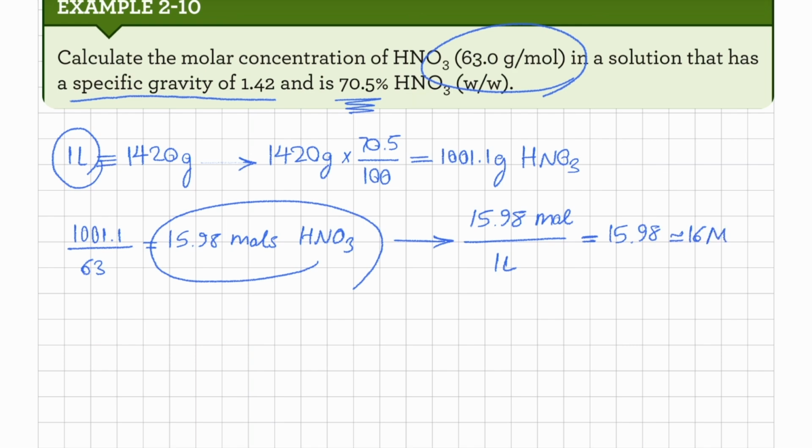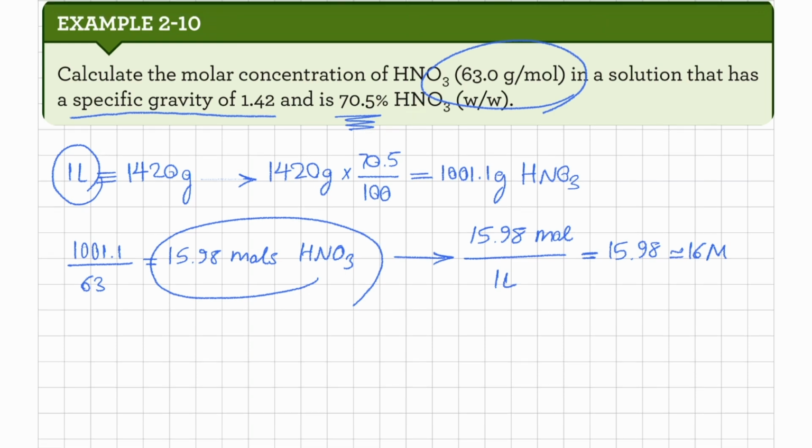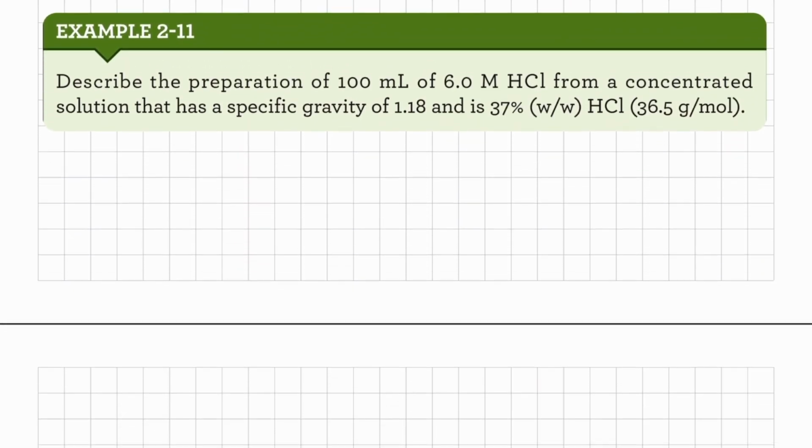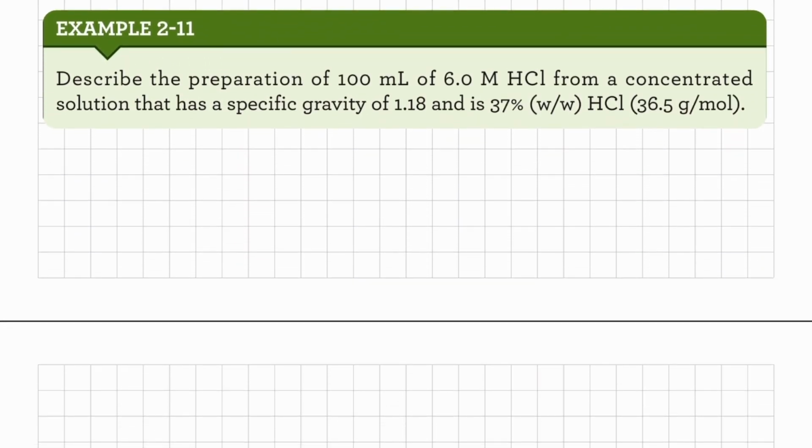Okay, let's have another example. It says, describe the preparation of 100 milliliters of 6 molar HCl from a concentrated solution that has a specific gravity of 1.18 and is 37% HCl.